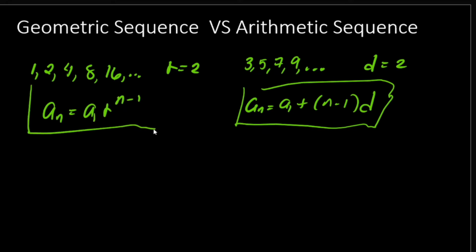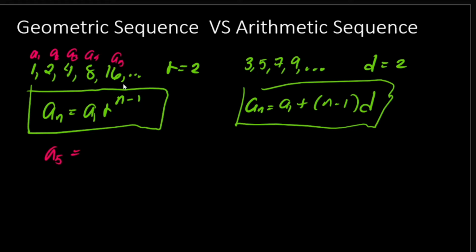So let's try to use this formula. Let's say we're interested to know the fifth term of the sequence, and we know that the fifth term is 16. This is our a sub 1, a sub 2, a sub 3, a sub 4, and a sub 5. So n is equal to 5.